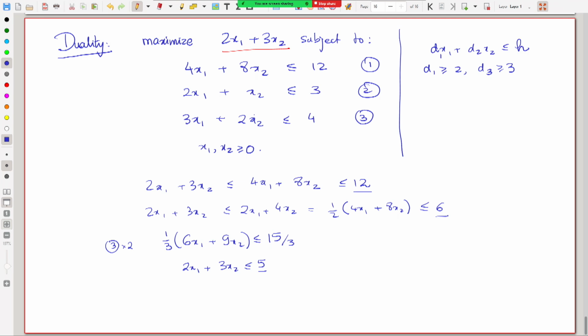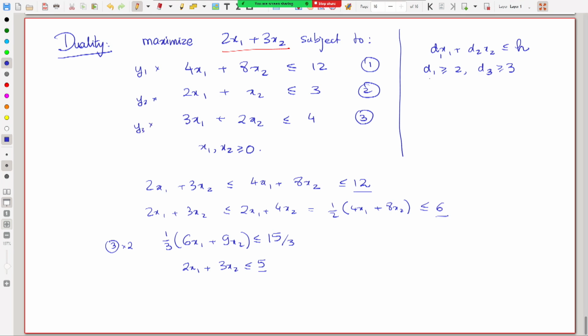Let us say I am multiplying the first equation by a factor of y1, the second equation by a factor of y2 and the third equation by a factor of y3, and these are all non-negative.